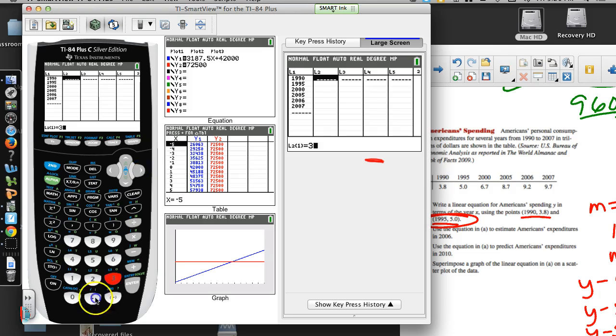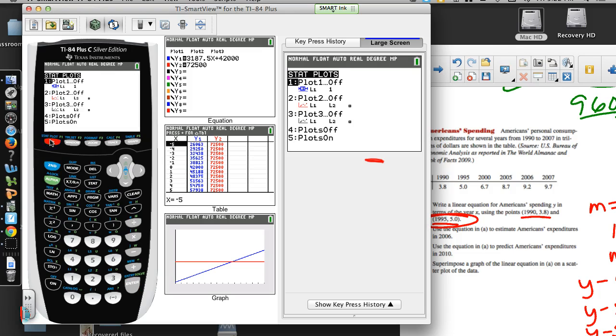And then for the Y's we have 3.8, 5.0, 6.7, 8.7, 9.2, and 9.7. And I'm going to take a really quick look and make sure that those all went in properly.